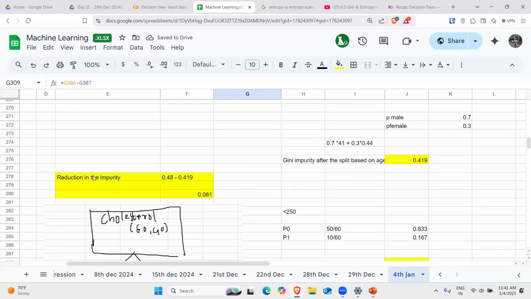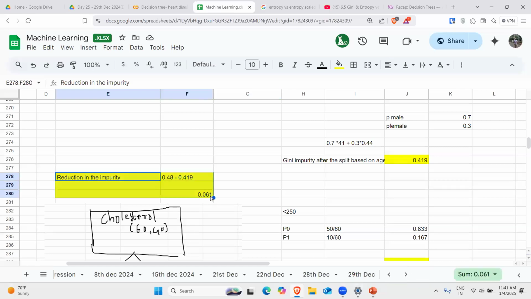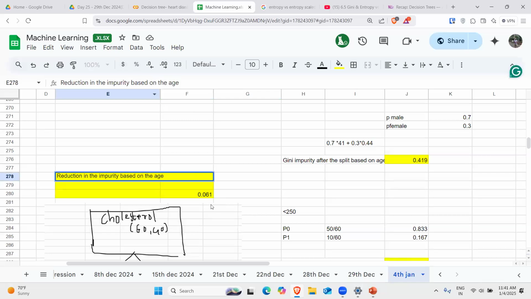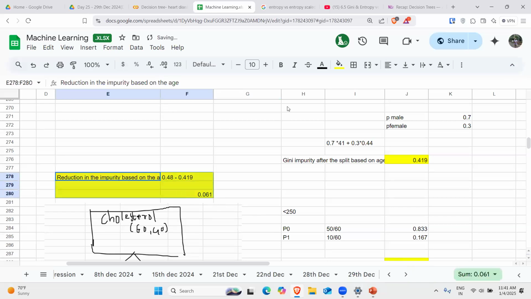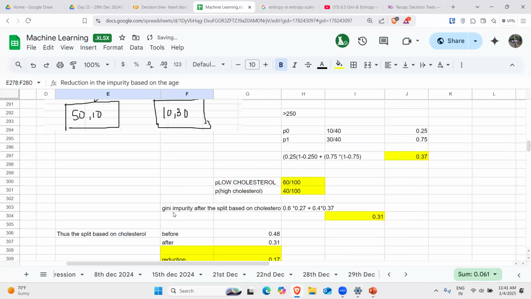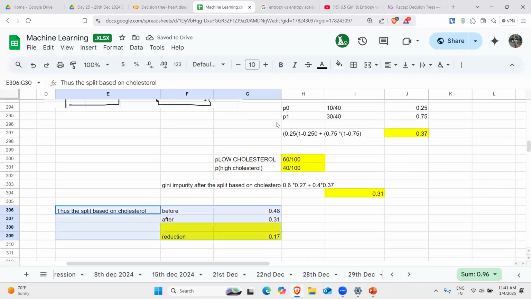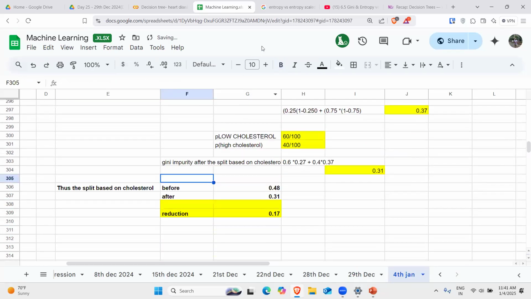My reduction in the impurity after doing split based on the age is 0.06. Now, which is the best split? What do you feel? Which one is the best? Yes, guys. Cholesterol. Very good. So thus the split based on the cholesterol gives me the highest amount of information gain, that is decrease in the impurity.